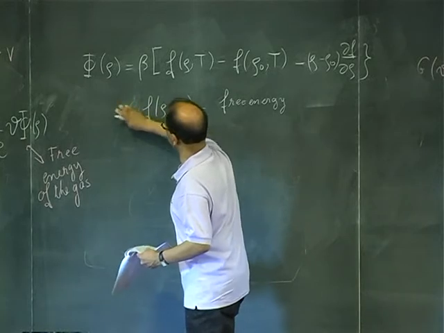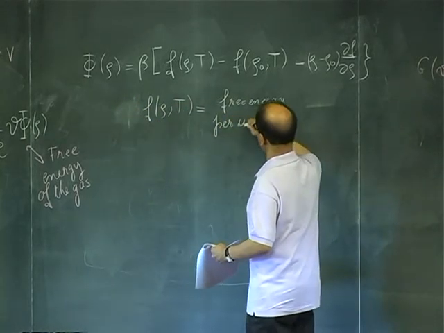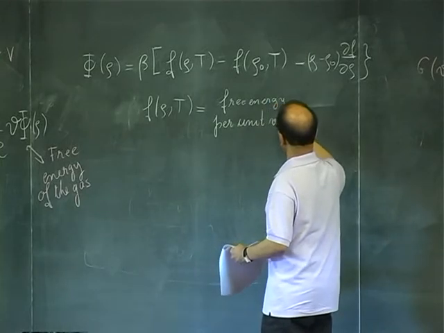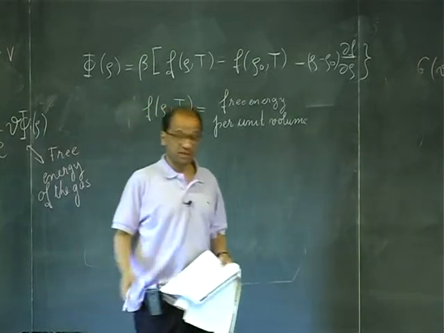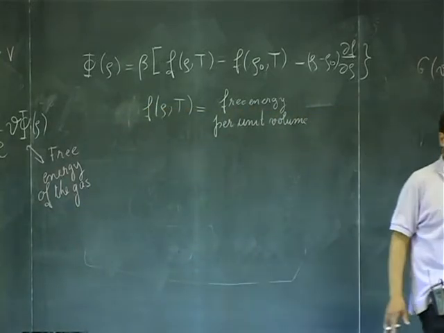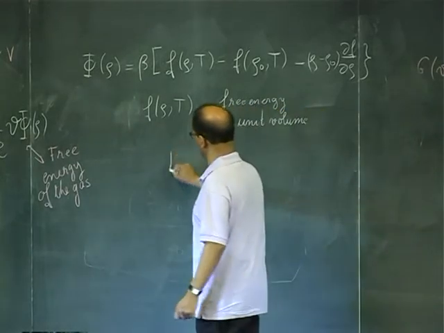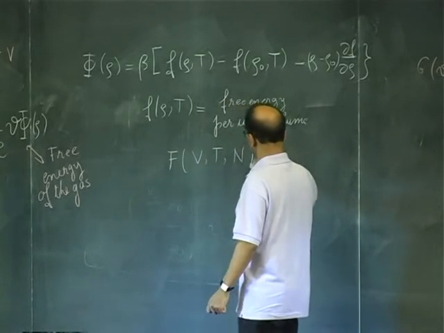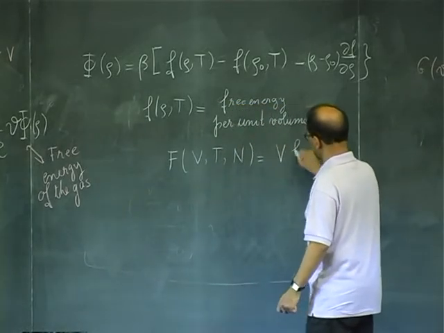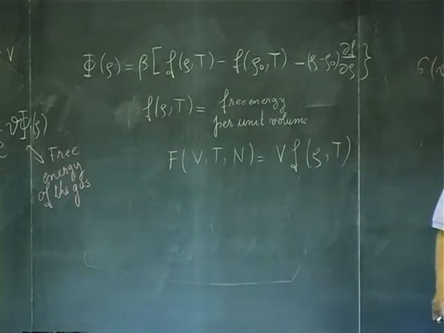So F, sorry, is the free energy per unit volume. So you're using extensivity here. That's why you need to have only short-range interactions to be able to use extensivity. So if you have a free energy F of V, T, N, you can write it V, small f, rho, and T. Okay? So try to do this exercise.